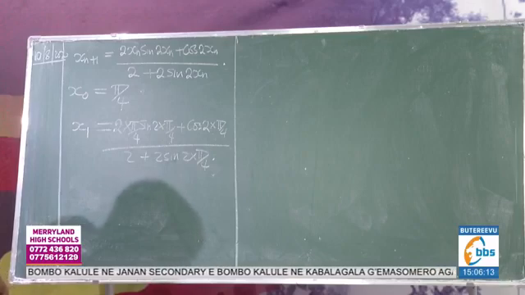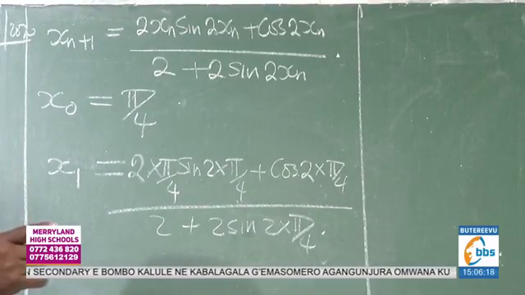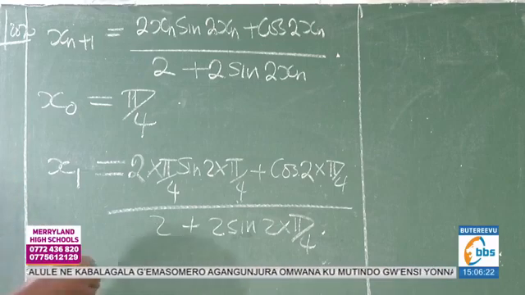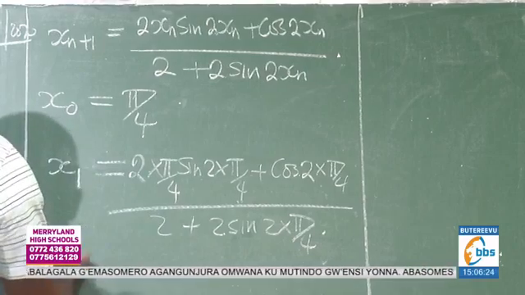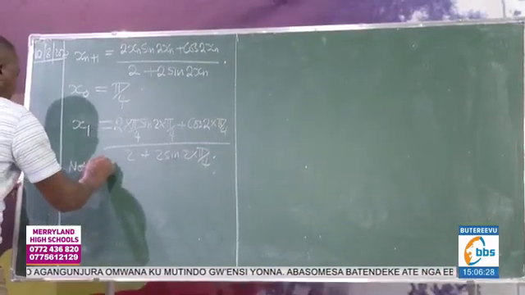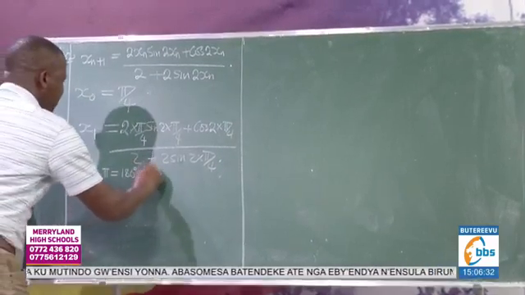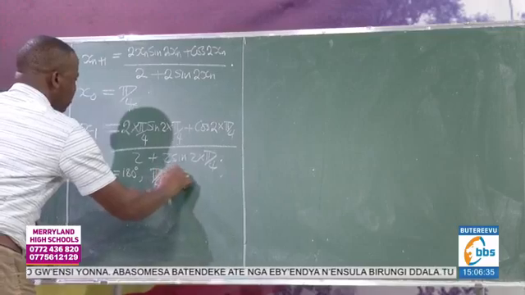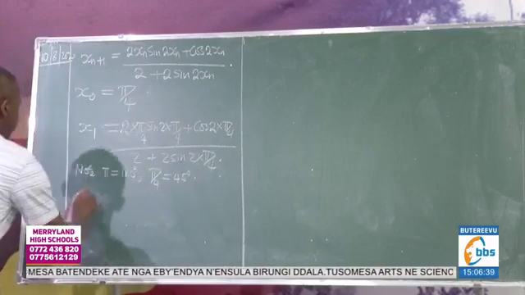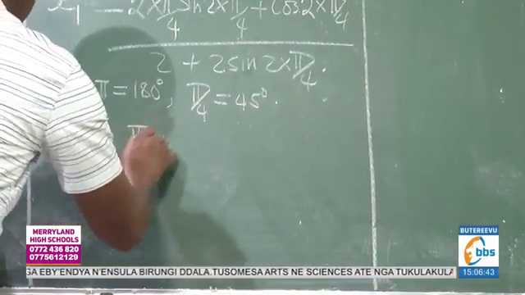Candidates are expected, like I told you, to either use radians or put in pi as 180 degrees. It is important for you to note that pi is 180 degrees, which further implies that pi over 4 is 45 degrees. If I simplify this, my x1 will become pi over 2.